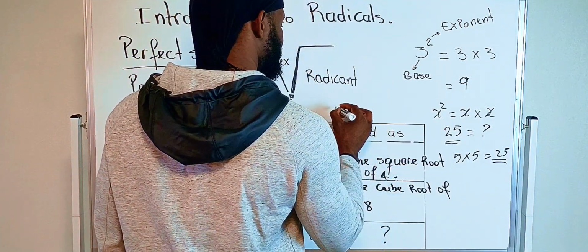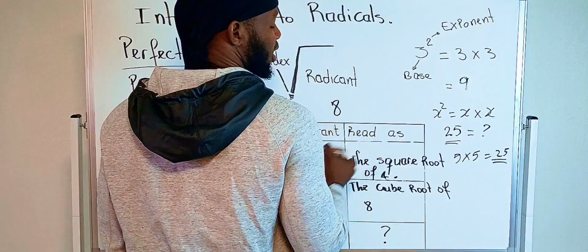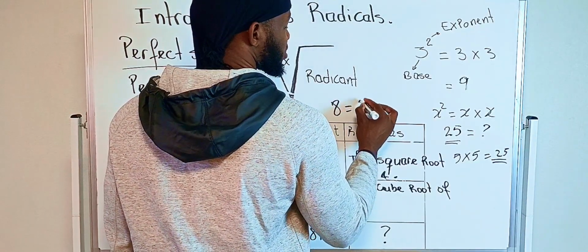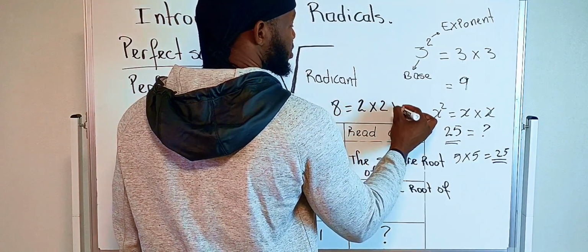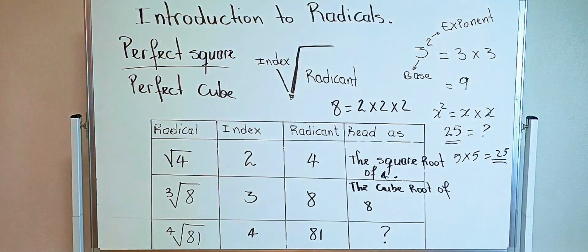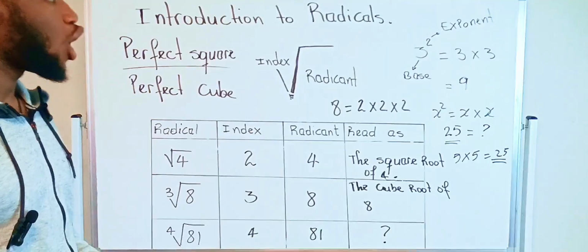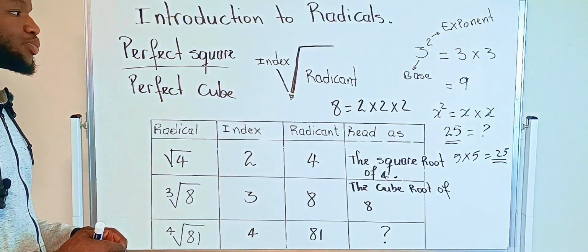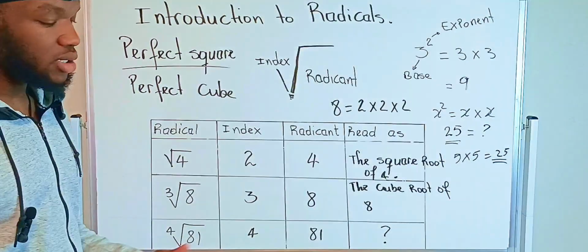Let's take an example. Let's say 8 is a perfect cube because 2 multiplied by 2 multiplied by 2 equals 8.